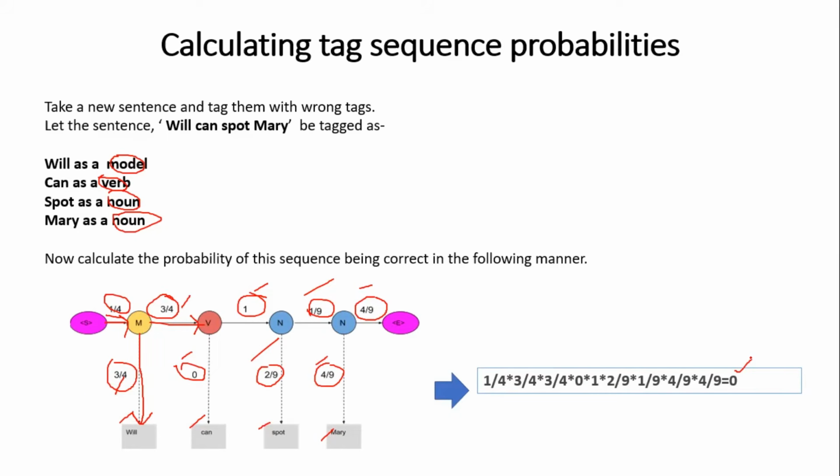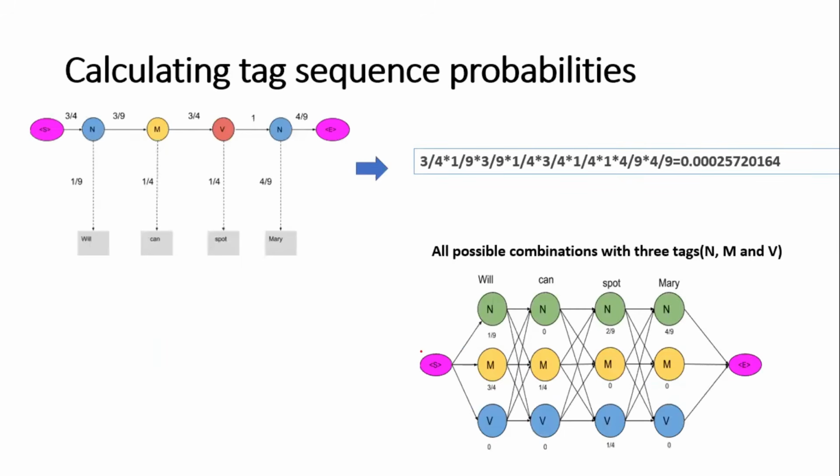So now let us calculate the product of these terms using a second sequence. Let us take one more sequence because we got 0. In this case, Will is treated as noun, Can is treated as modal, Spot is tagged with verb, and Mary is tagged with noun.